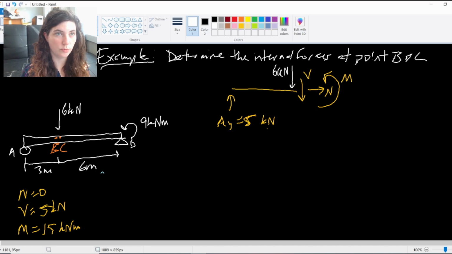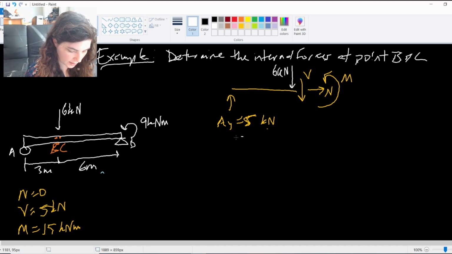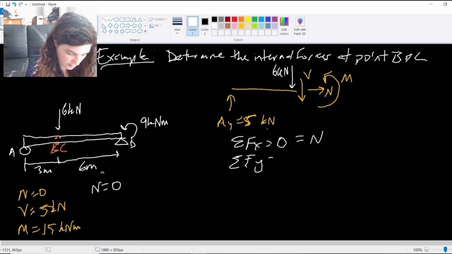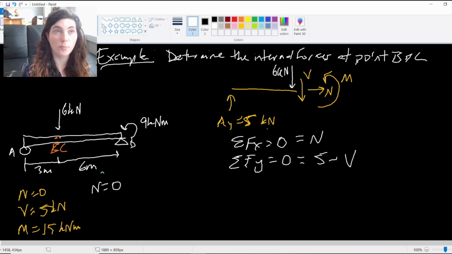So now when I go through and solve, of course my sum of x forces is still 0. It had no impact on that, so the normal force is still 0. The sum of my y forces equals 0 is going to be 5 kilonewtons minus V, but also now minus that 6 kilonewtons, that applied 6 kilonewtons.